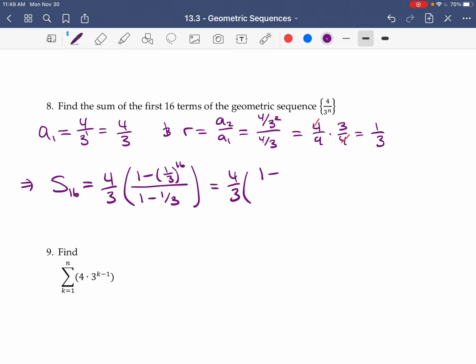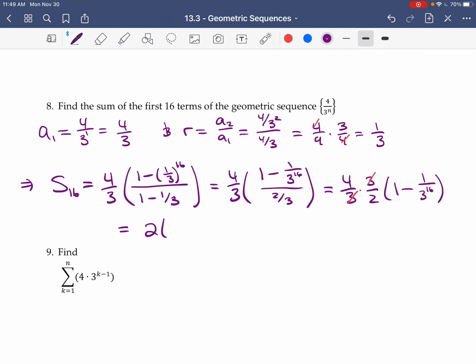So it's going to be 1 minus 1 over 3 to the 16. Down here I have 2/3. So I could flip that denominator and multiply, and I'm going to multiply up at the front because it doesn't matter. Okay, so the 3's cancel out, and in fact 4 over 2 is just 2.